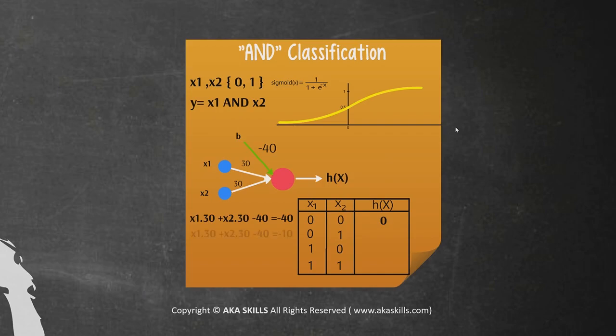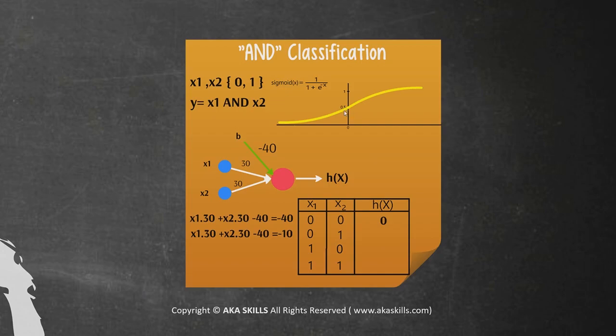So then we have x1 equals 30, x2 equals 30 minus 40. Also the same, but this time x2 equals 1. So this is what's different. When x2 equals 1, that means we have 30 minus 40, that's minus 10. Minus 10 is also close to 0.